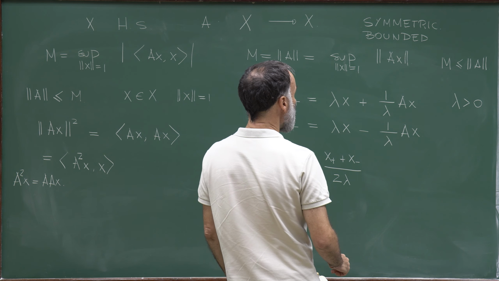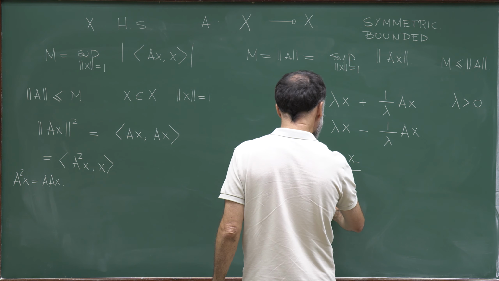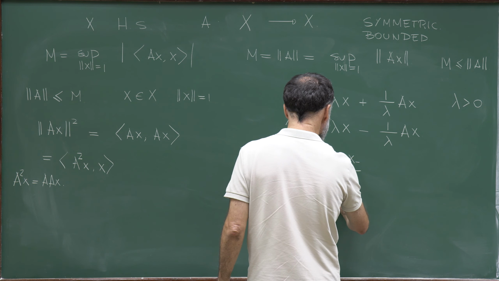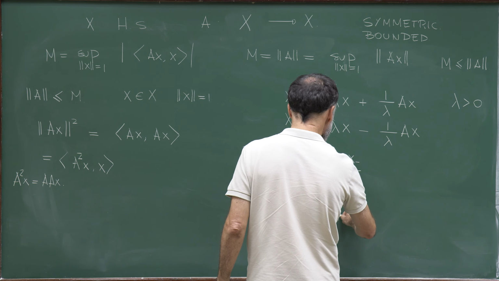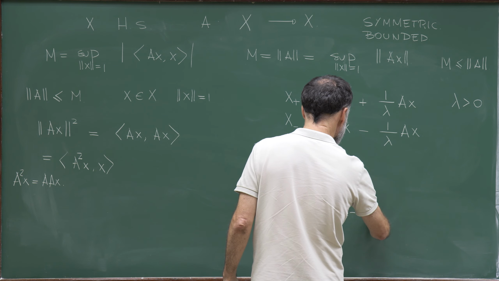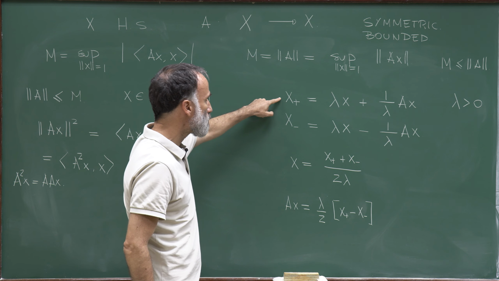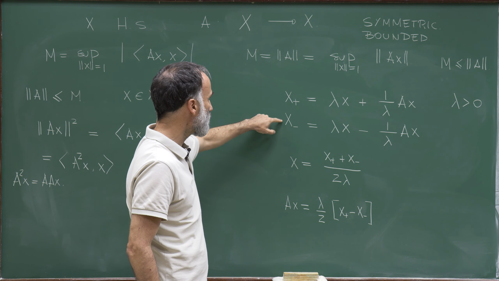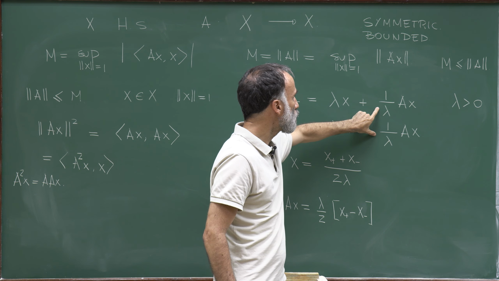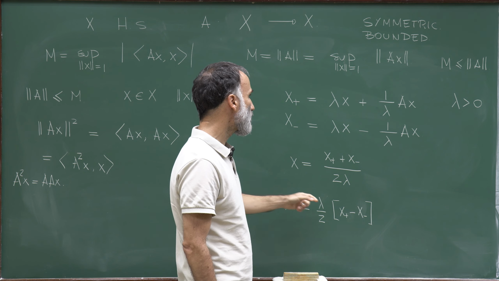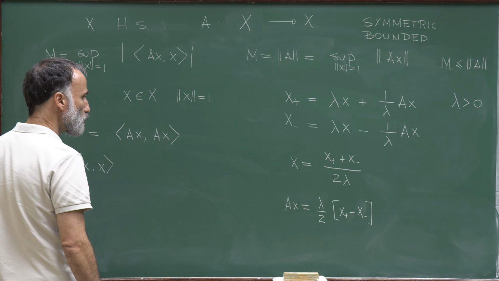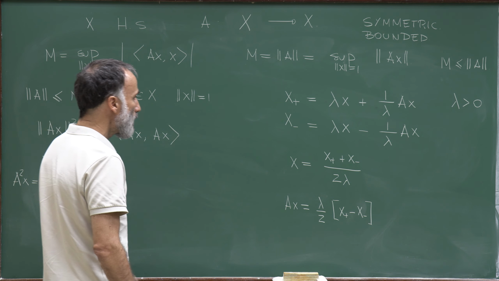So Ax is equal to λ/2 times (x₊ − x₋). If I subtract these expressions, what I get is that x₊ minus x₋ is equal to 2 times 1 over λ Ax. So by dividing, I get λ/2 times (x₊ − x₋).